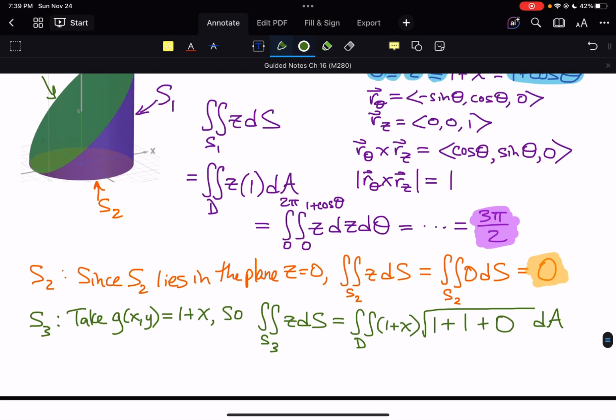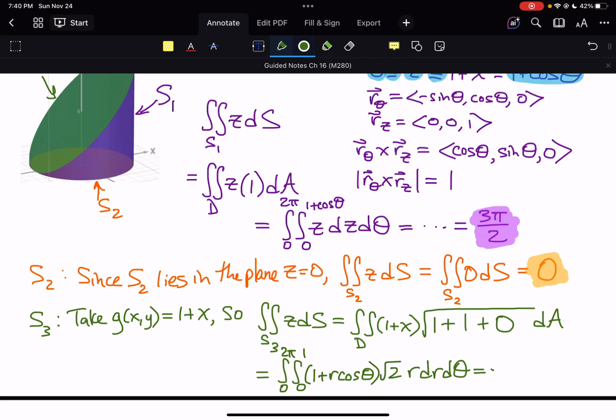And we're evaluating this over a circular disk. In fact, it's that same circular disk from the previous part, of outermost radius 1. So we can go ahead and convert this into polar. We're going to have a rad 2 in here. The x is going to convert, so that's 1 plus r cosine theta times rad 2. And since we're doing a conversion from Cartesian into polar, we do need to include the r dr d theta, with r going from 0 to 1 and theta going from 0 to 2 pi.